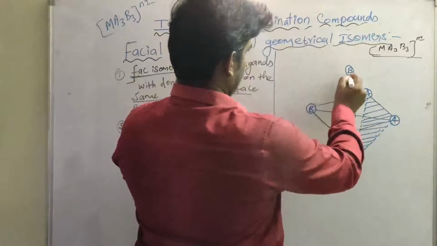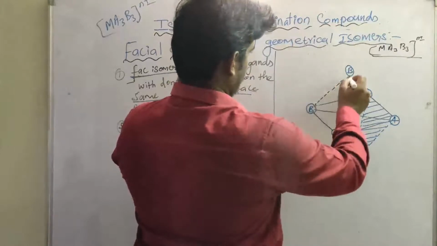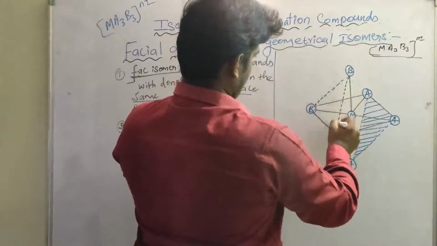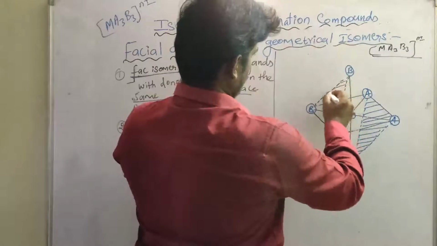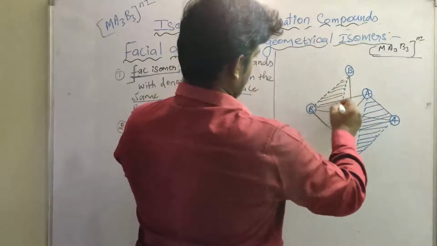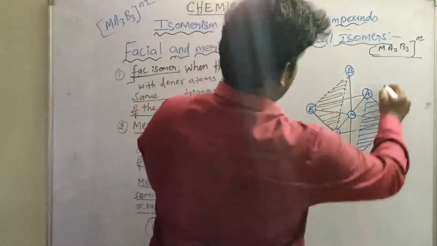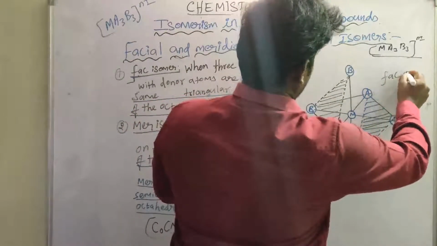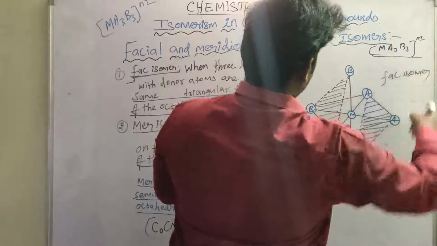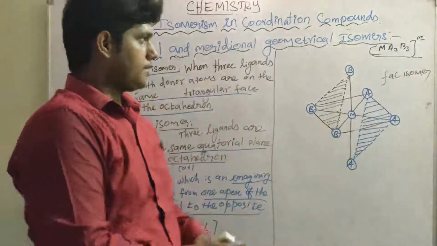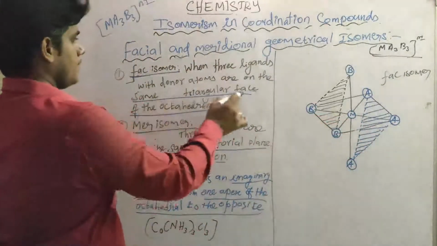Another is on the opposite side. It is called a fac isomer because it is the same triangular face.